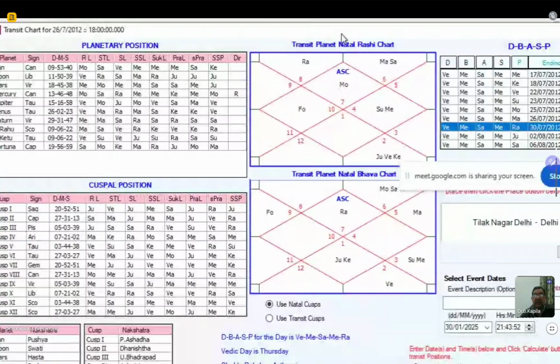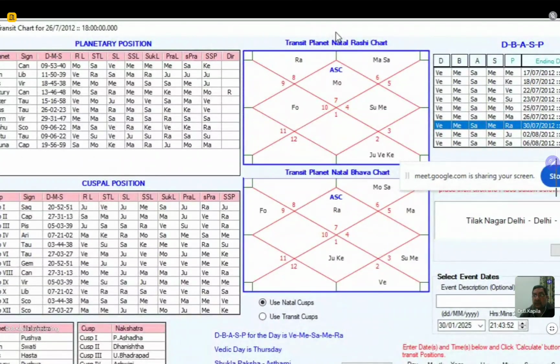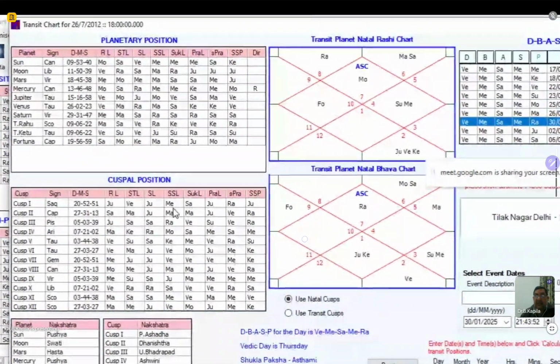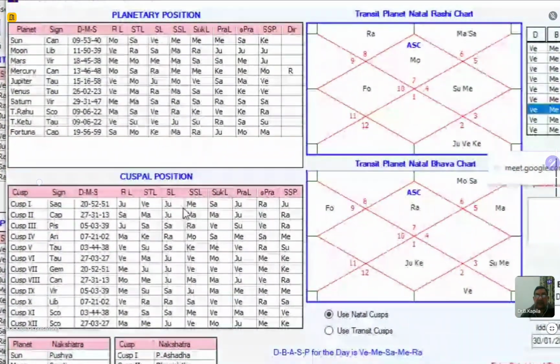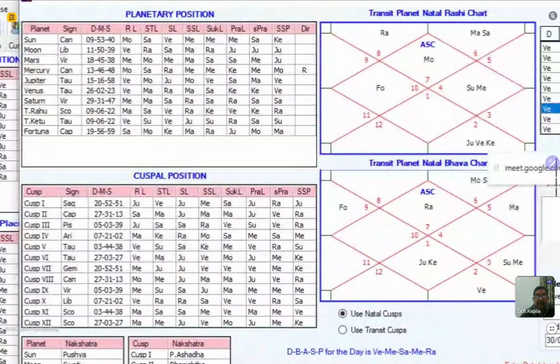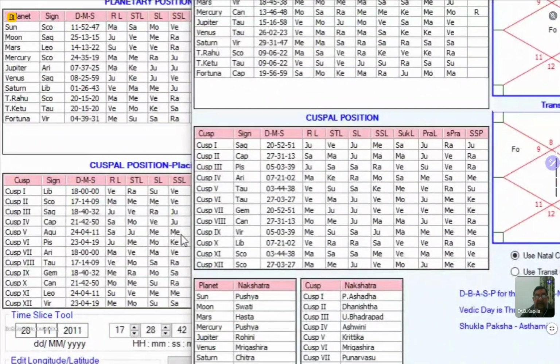Now the next point is that we will have to fix what? The ascendant. And the ascendant of the childbirth will depend upon what? Co-rulers of the fifth cusp of the native, which are Saturn, Jupiter, and Mercury. That is one. And secondly, the Dasha Bhukti Antara Sukshma.